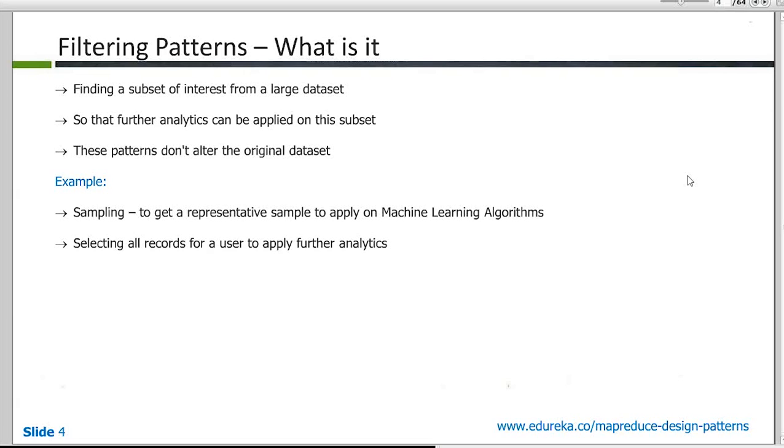Your training is going to take much longer. So what you want to do is get a sample of the data, rather than giving the full data to such machine learning algorithms. So we'll see a pattern for this, and that's sampling. It's not exactly a pattern, because the criteria simple random sampling uses for figuring out what is to be kept and what is to be discarded is very different, which you will see when we come to discussing that pattern.